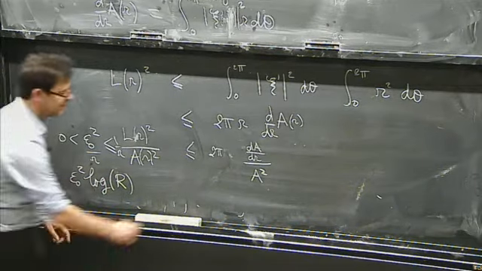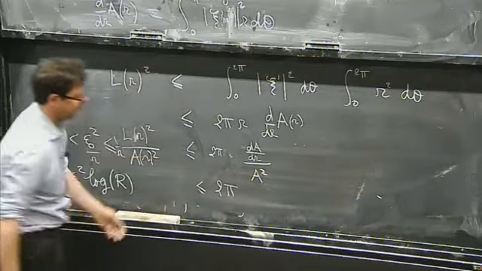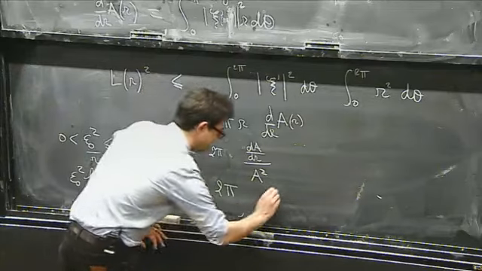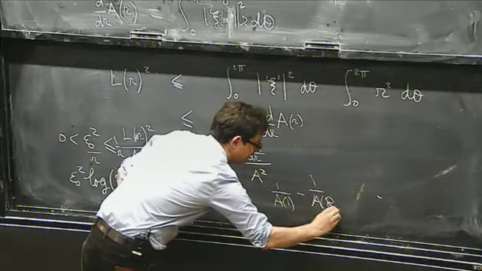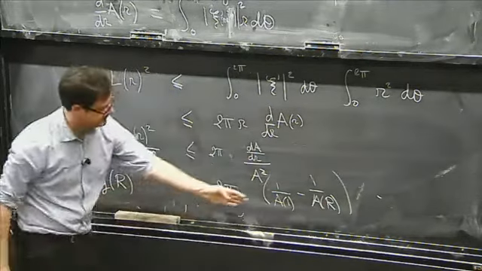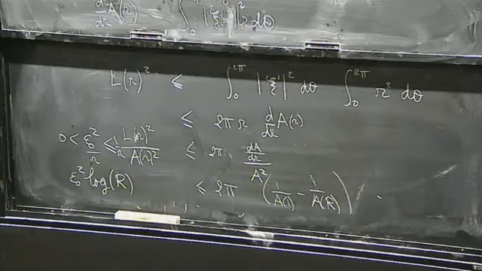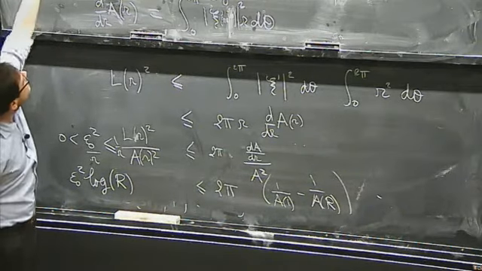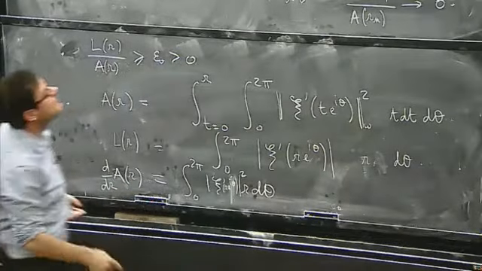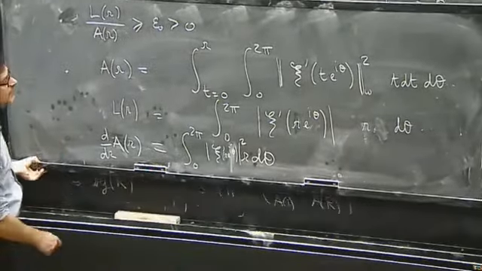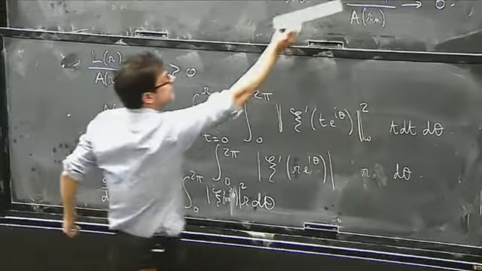And here you integrate this between 1 and R, and you get 1 over A minus 1 over A of capital R. And this is bounded. Okay, so you get a contradiction. So this means that this assumption was not satisfied, and there are sequences such that the boundary becomes smaller and smaller and goes to 0 with respect to the area.